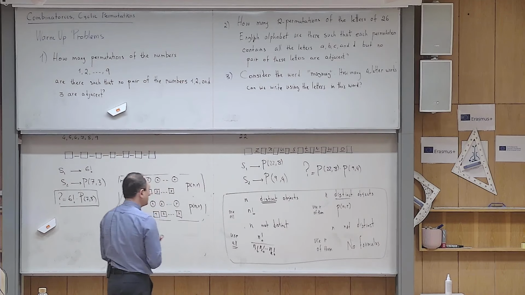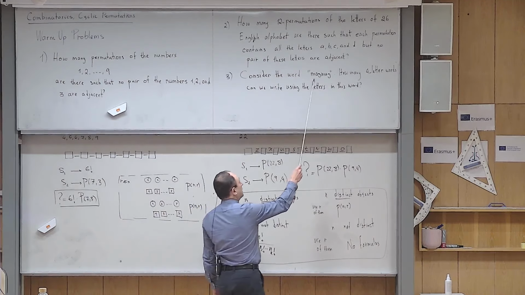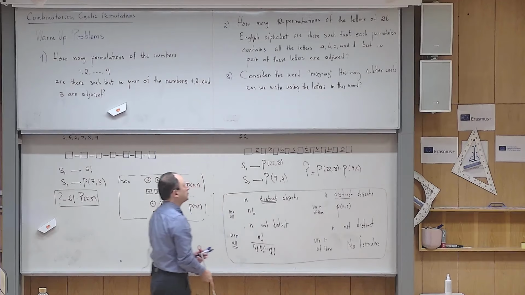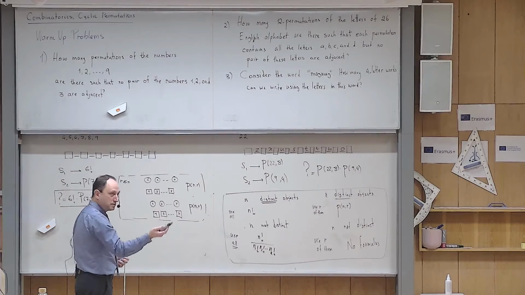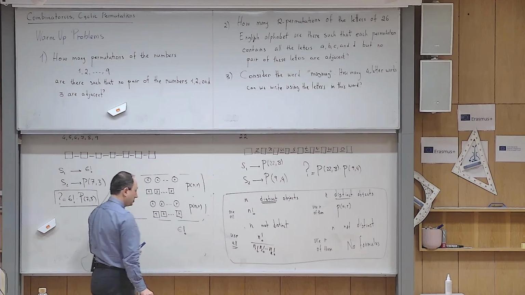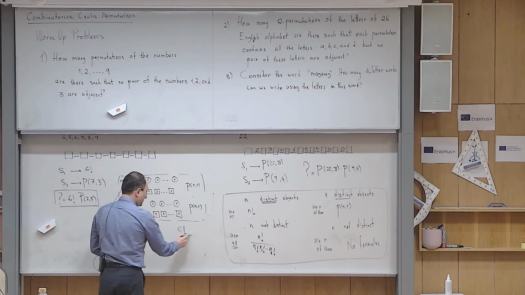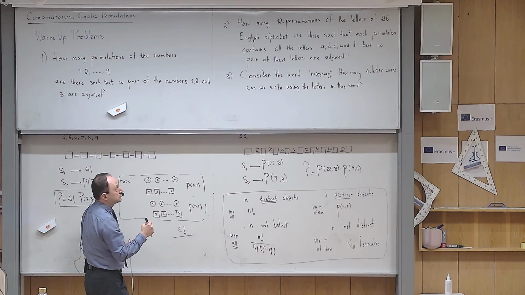So let us review. Can you tell me how many 6-letter words I can construct using the letters in the word magmac? You will tell me, yes, 6 factorial over 2 factorial. Why over? Because M is repeating how many times? 2 times.